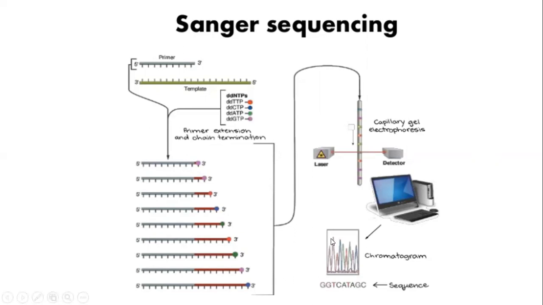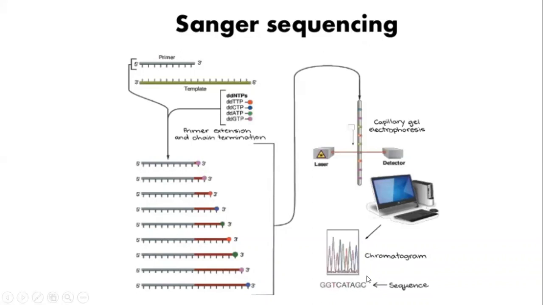So this is basically a chromatogram that is generated in your result or your output file. As you can see, you have these different color peaks that are generated. So you can directly read the sequence. Now also it will give you an idea about is the sequencing reaction good. So if you're getting sharp peaks like these, then your sequencing reaction is good.